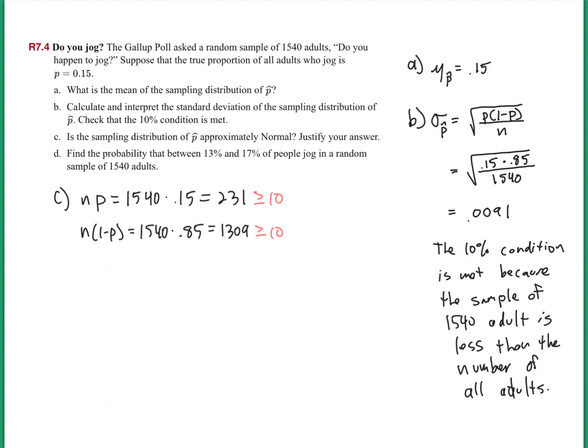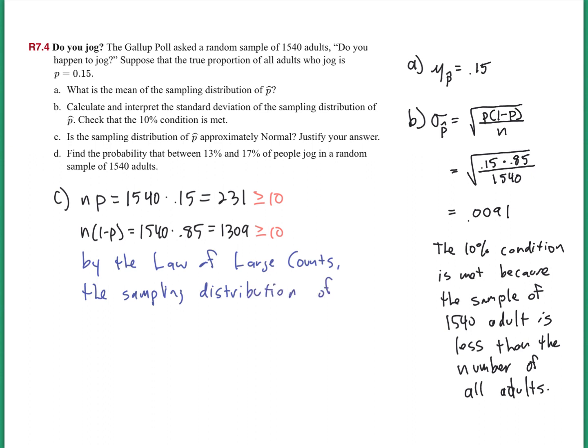Then we can say by the large counts condition, the sampling distribution of p hat is approximately normal.